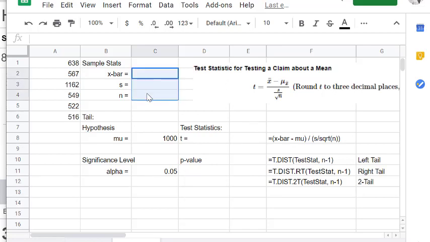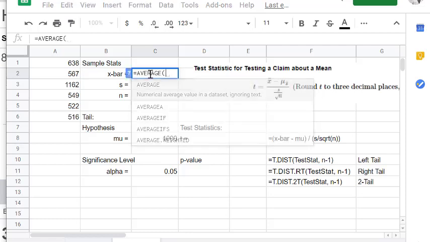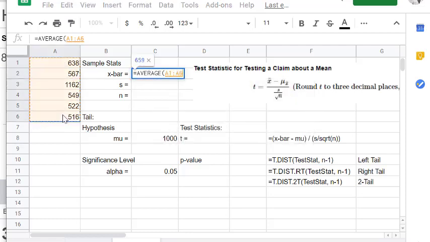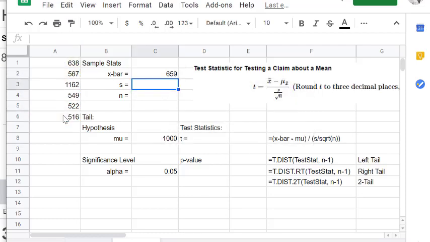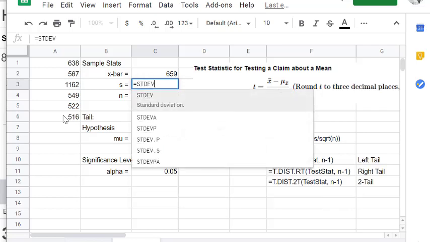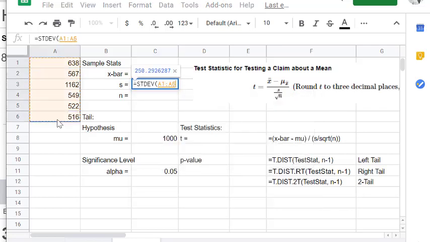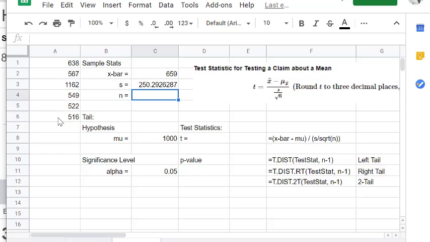We need to fill this up, and we're going to first find the average, or the mean, of all these numbers, and we need the standard deviation of all these numbers. And we know that there's 6 of them, and we're all set with our basic statistics for our data set.